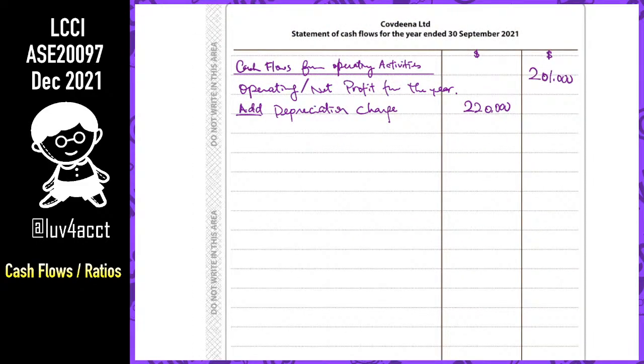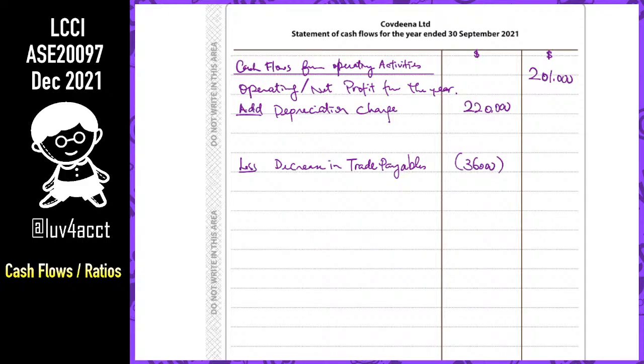So there is a decrease in trade and other payables, 36 minus.